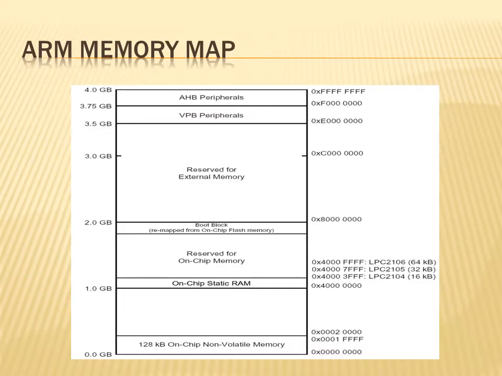We'll go ahead now. If you look into the entire ARM7 memory map, this is the on-chip memory area, and these are the various sections in which the entire preloaded software is available, or certain locations are used for the peripherals.